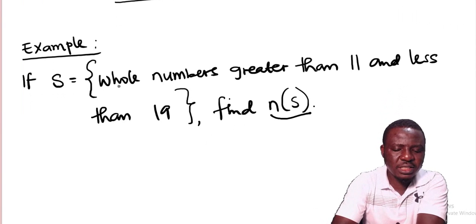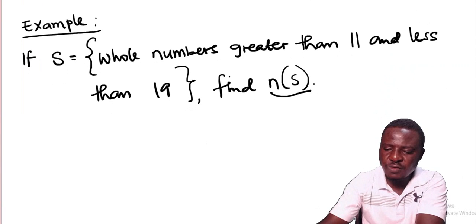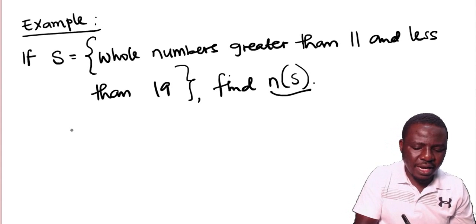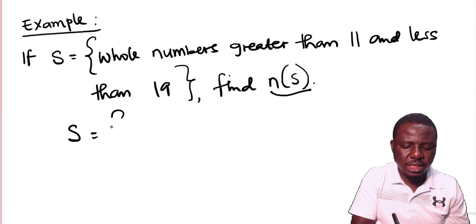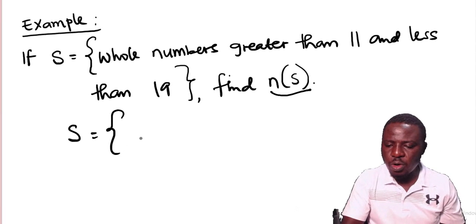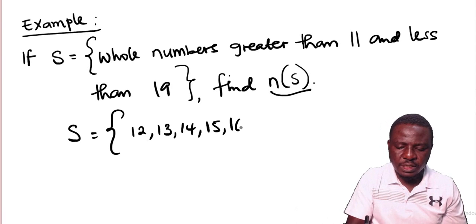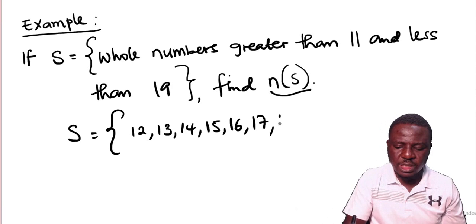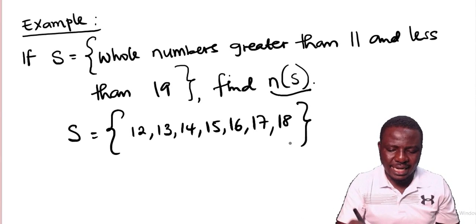So if S is defined as whole numbers greater than 11 and less than 19, let's first of all list out all the elements in that set. Set S is made up of whole numbers greater than 11, that includes 12, 13, 14, 15, 16, 17, 18, because it says greater than 11 and less than 19.